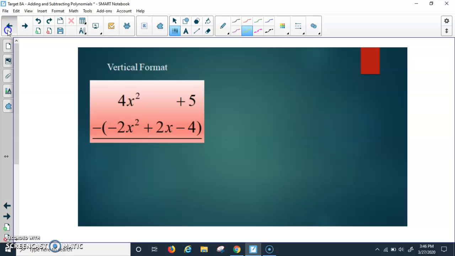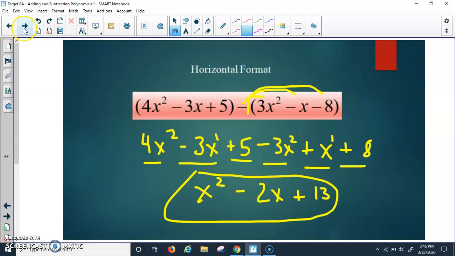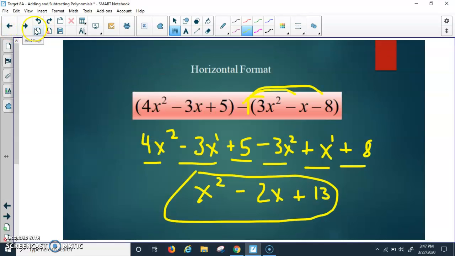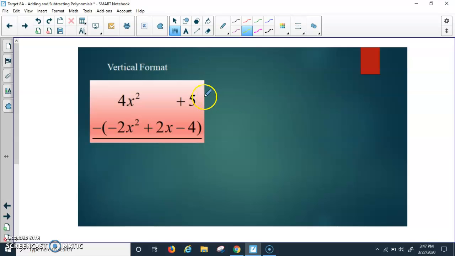Now, this is not exactly the same problem as before, but here's how we could do two expressions vertically. Notice it still is a subtraction problem. However, we're subtracting all three of these terms. So just like before, we need to rewrite it and distribute this negative to all of the terms in the last polynomial.